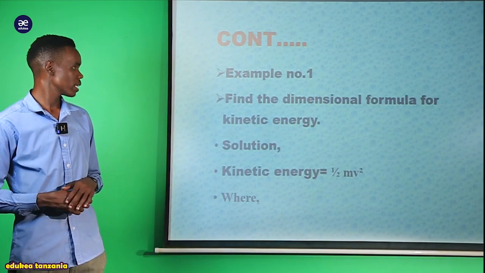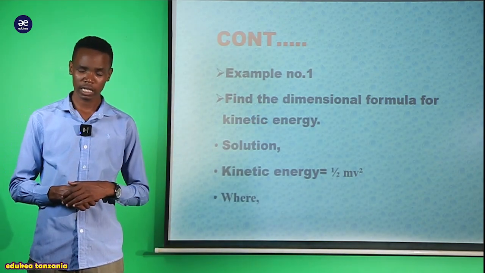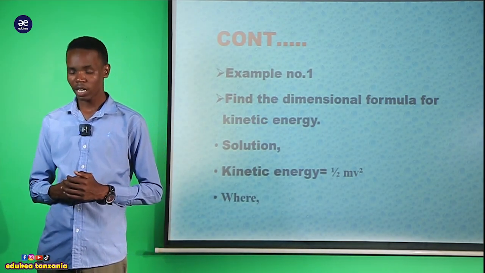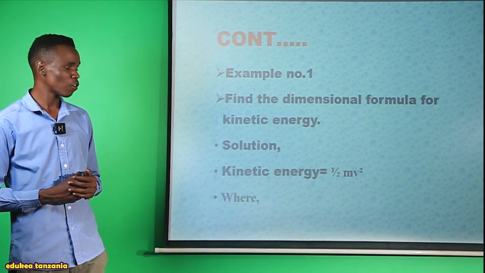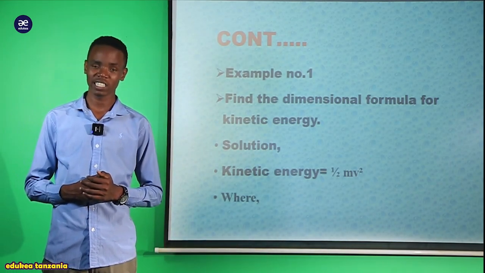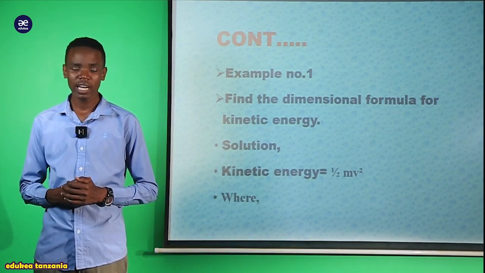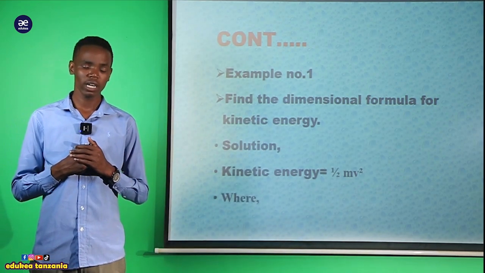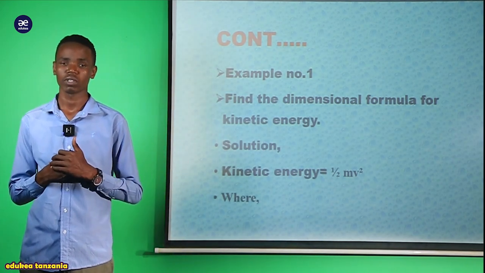And our example said that find the dimensional formula for the kinetic energy. Now we are supposed to go and find the dimensional formula for the kinetic energy. Before you answer this question, my dear student, you are supposed to think of the quantity that you have in your question.